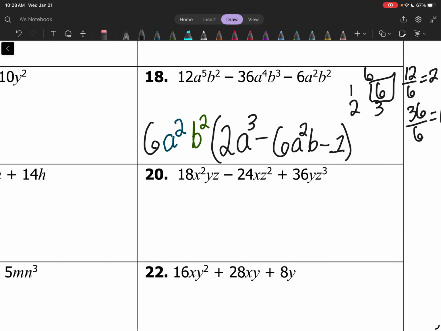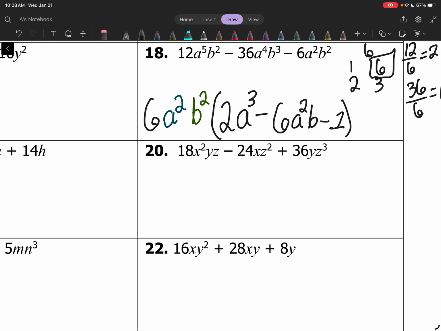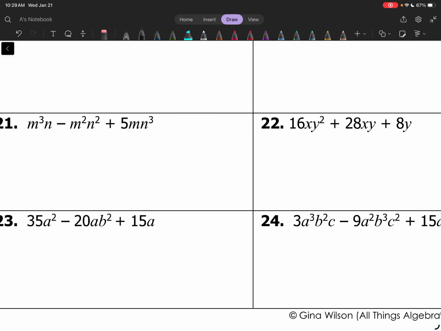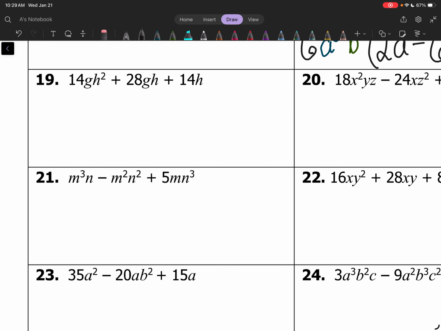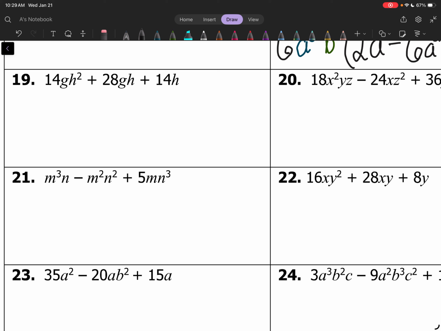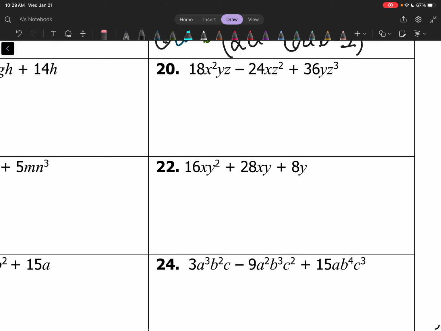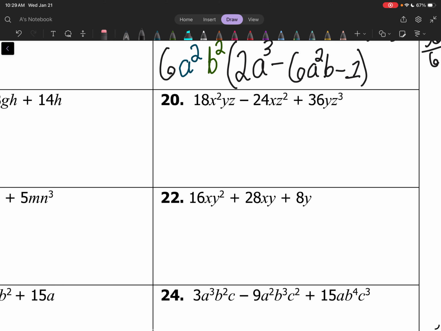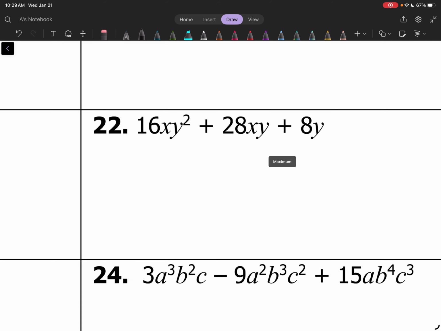Now I want to show you a problem in Desmos. Let me look down through here. I'd say the hardest one for y'all is probably number 22, maybe? Well, let's do 22.